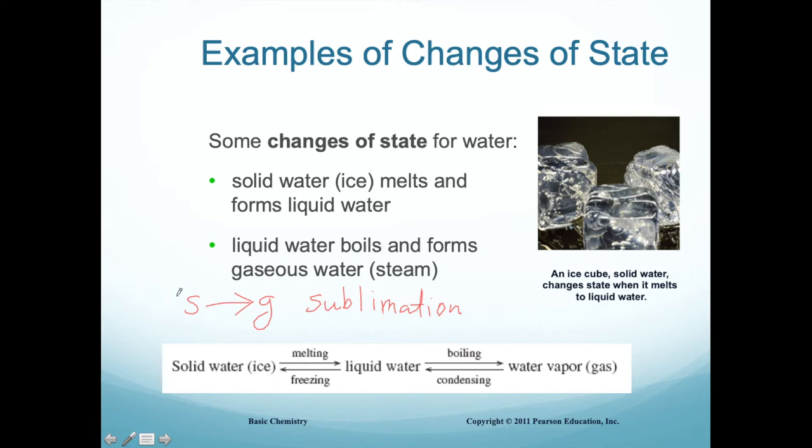And so your dry ice will go directly to carbon dioxide gas. So we say it sublimes into carbon dioxide gas. The reverse process, by the way, if a gas becomes a solid directly, that's known as deposition. You deposit a gas as a solid.